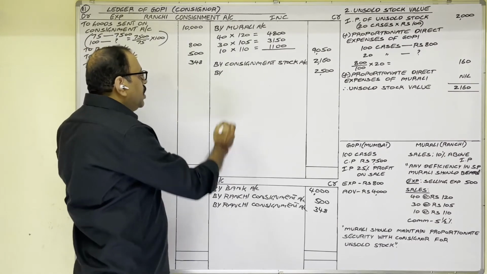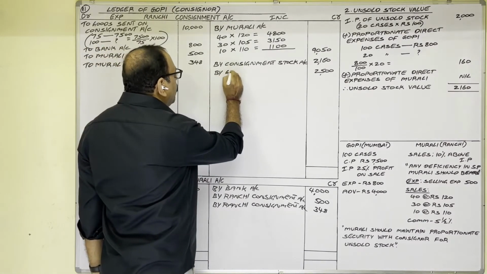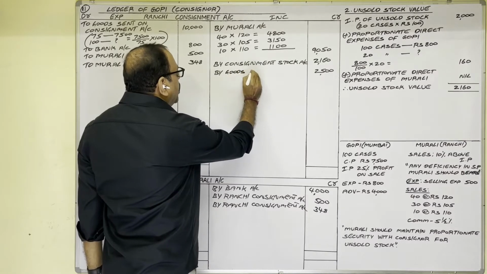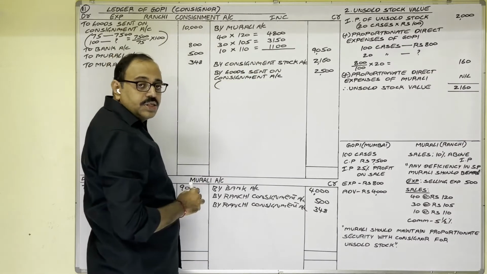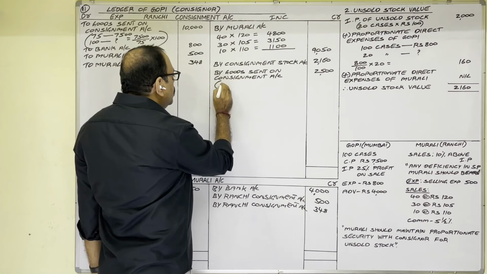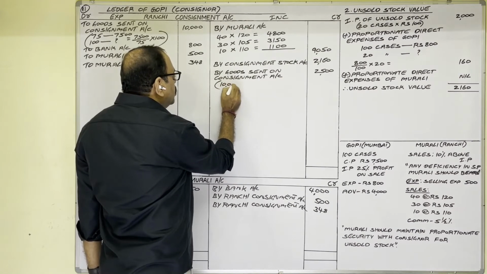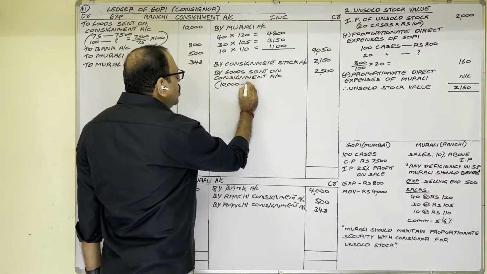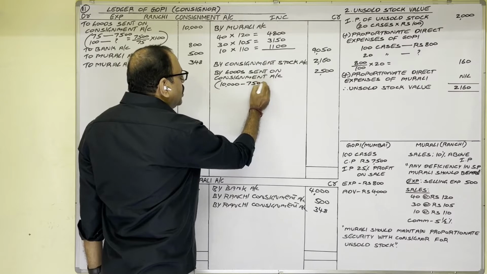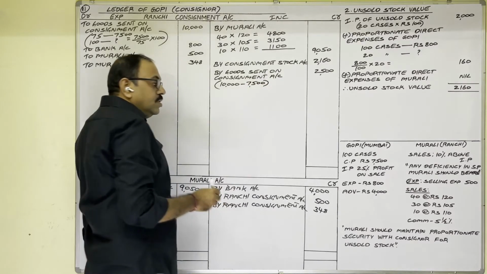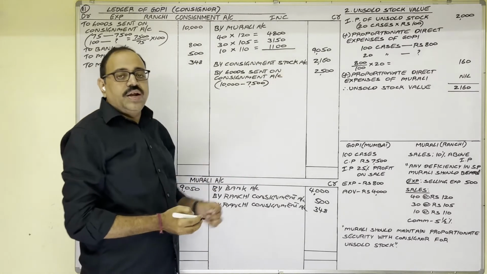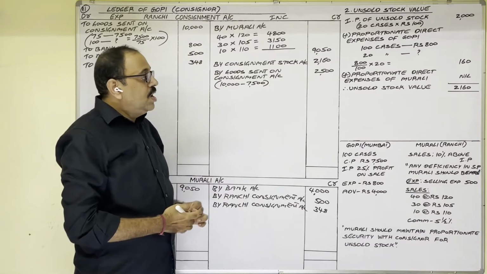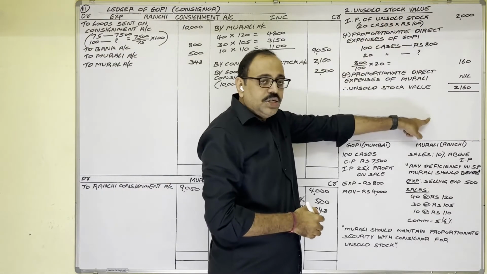So in consignment account credit side we should post by goods sent on consignment account. Here show the calculation. Total goods invoice price is 10,000 minus total goods cost price is 7,500. So loading is 2,500.